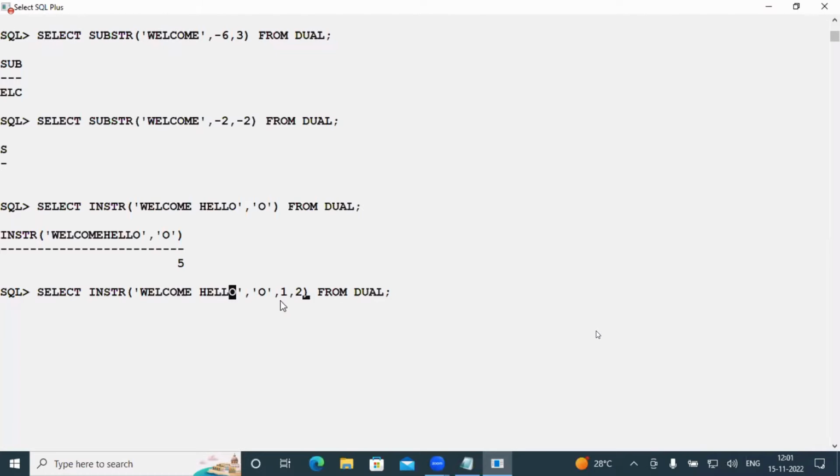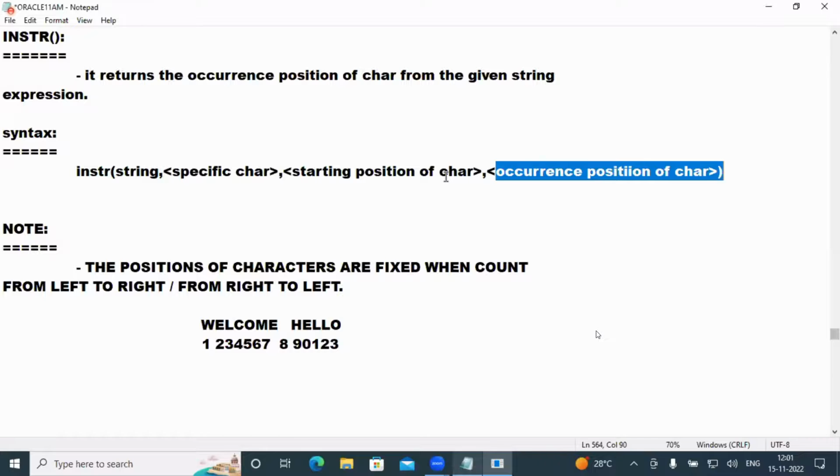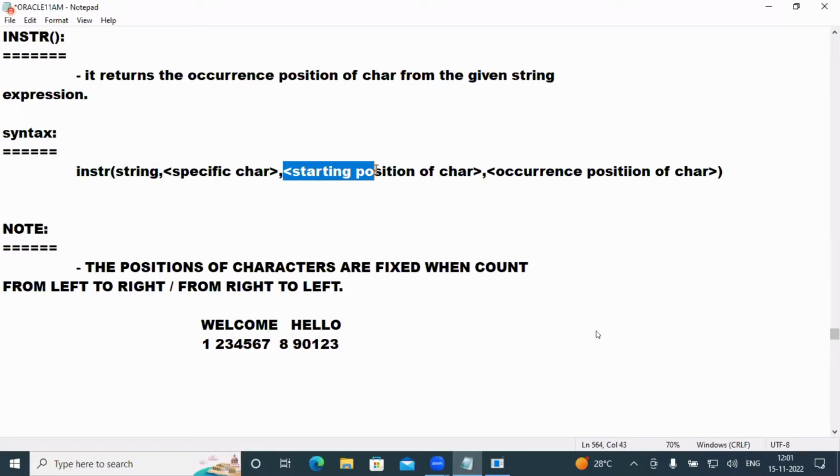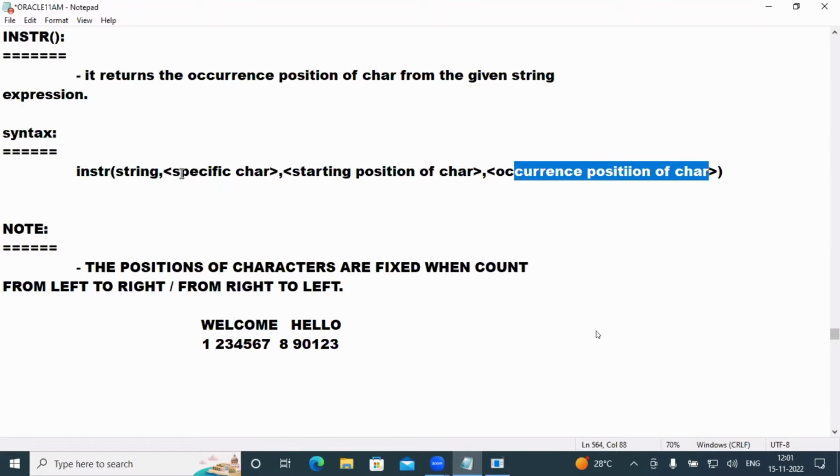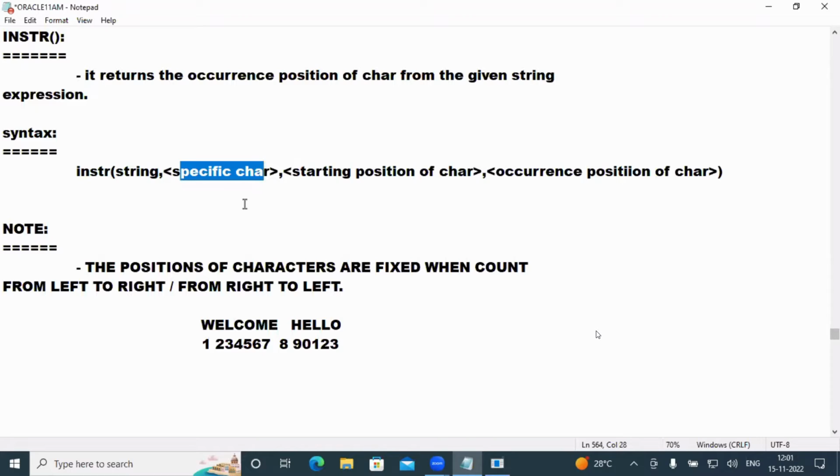And from where are you counting? I'm counting from the first character. First character means W. I'm counting, that is called the starting position of the character. So from where are you counting? Which occurrence of a character position you wanted? Now we can see the first occurrence of O, position number 5.